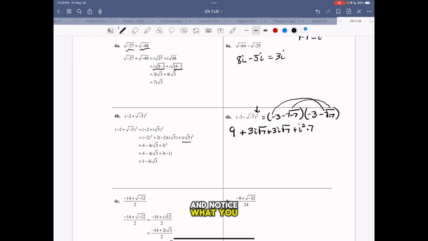And notice what you end up with when you multiply the last two terms together. They didn't write it out like I did on this side right here. They didn't write out both quantities like I did here and here. But notice what you get when you multiply two radicals together.